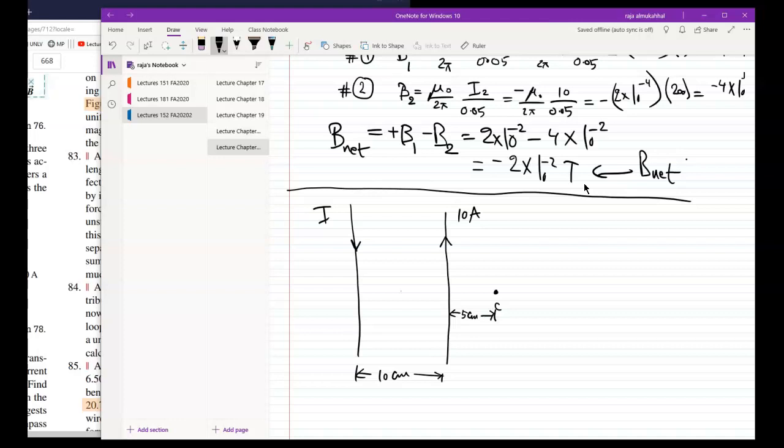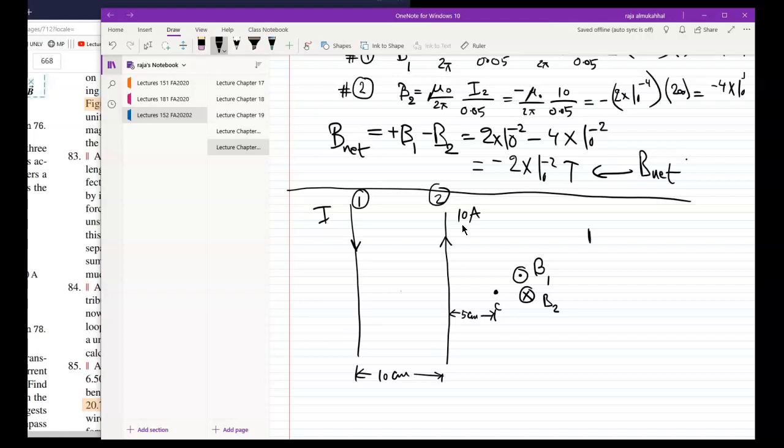Now, first of all, I want to use the right-hand rule. What is the direction of the magnetic field at point C due to I? It's out of the page. I'm going to call this wire 1 and this is wire 2, so I can distinguish between them. What's the direction of the magnetic field at point C due to current 2, the 10 amp, into the page?